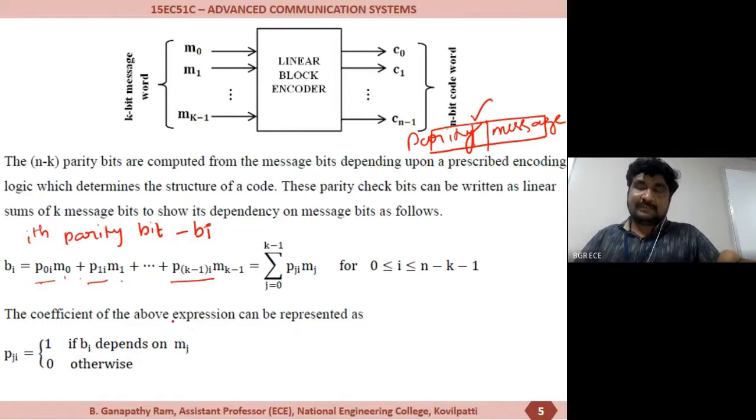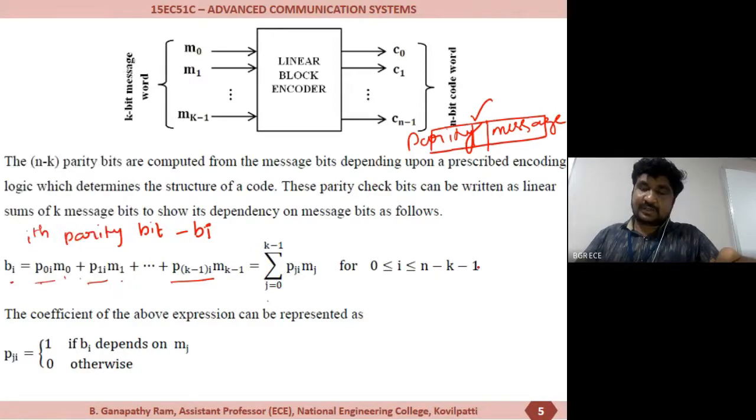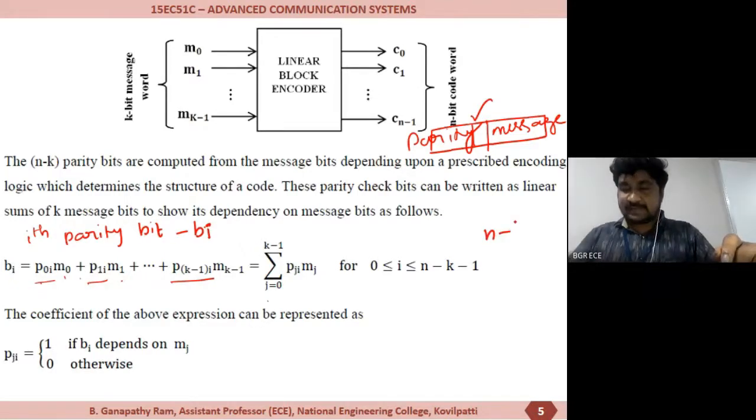Cumulatively we can write this as the summation of j equal to 0 to k minus 1 of Pji into Mj, where i varies from 0 to n minus k minus 1, because we are having only n minus k number of parity bits.